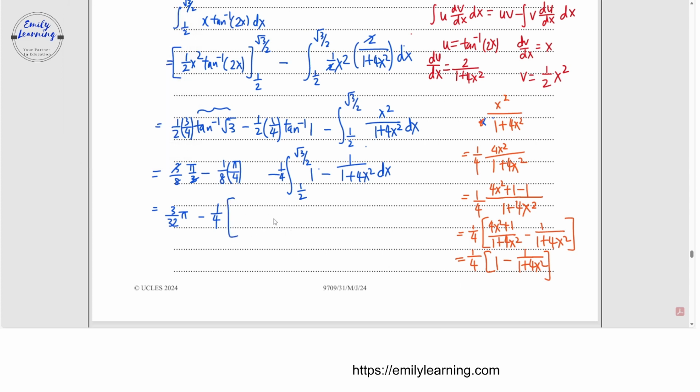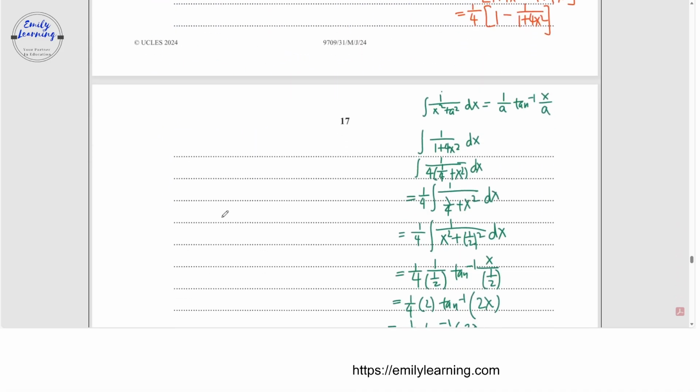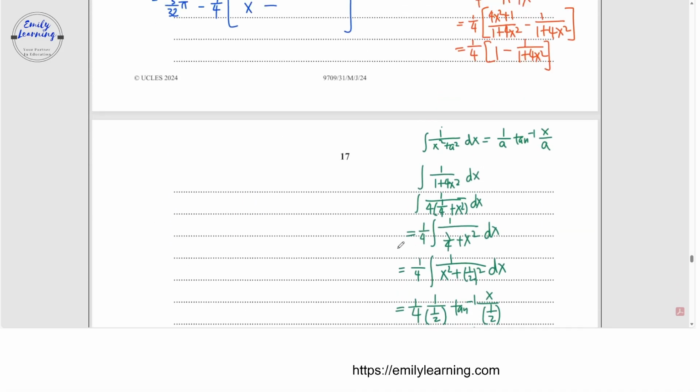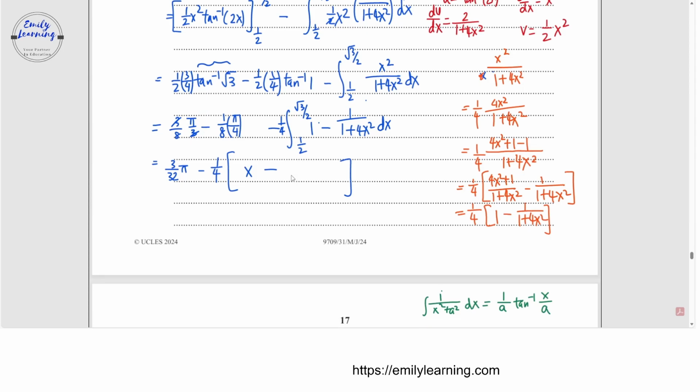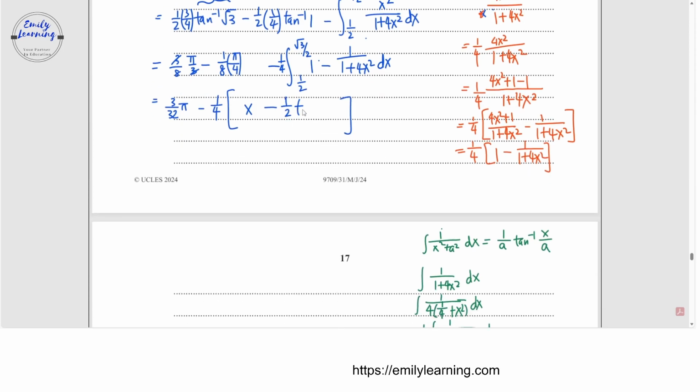Okay, so integrate 1 is x. Integrate this, 1 over 1 plus 4x squared, is half tangent inverse 2x. Okay, and it's from half to root 3 over 2.